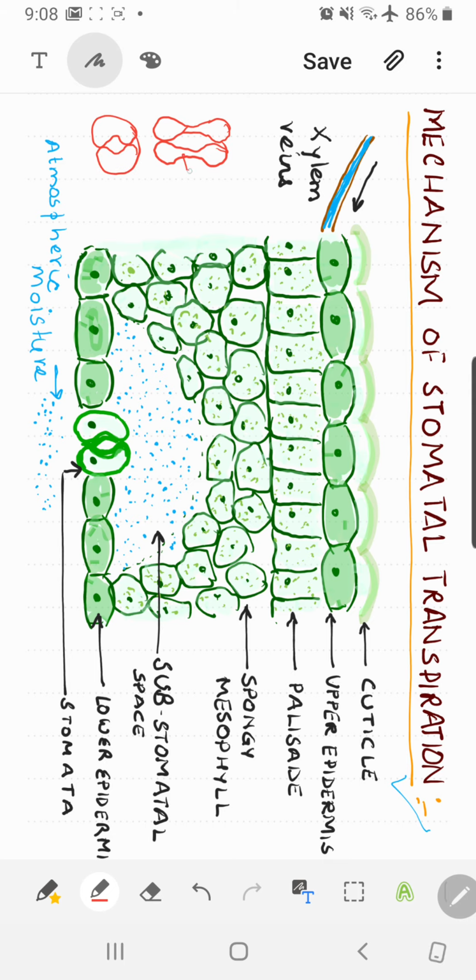Children, dumbbell-shaped stomata are the characteristic feature of monocots. In monocot plants, you will find dumbbell-shaped stomata. Right, children? Keep this in your mind. And kidney-shaped stomata are present in dicots. First thing for today: monocots have dumbbell-shaped stomata, dicots have kidney-shaped stomata.